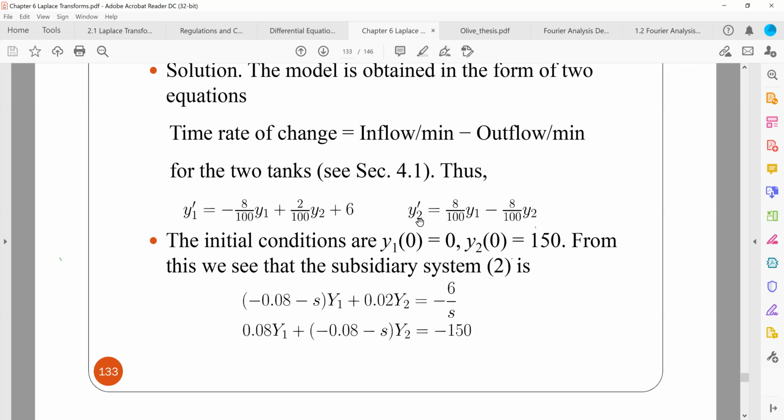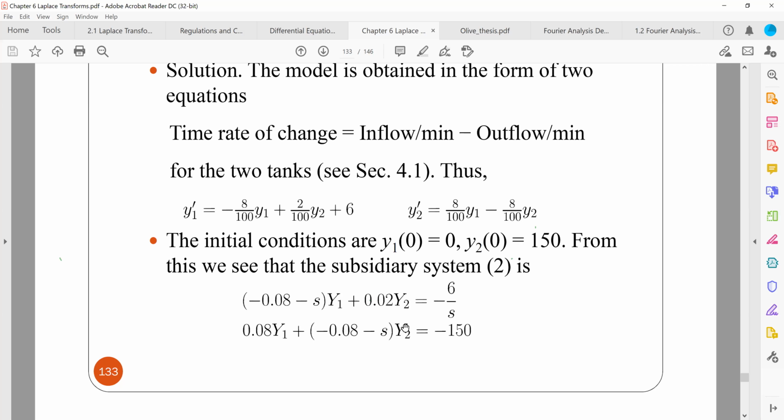Here, because we have an initial condition, when you take the Laplace transform of this, the initial condition of 150 will come into play. Okay? Unlike here, where the initial condition of y1 was 0. So when you take the derivative of this term, you'll just end up with Y1.